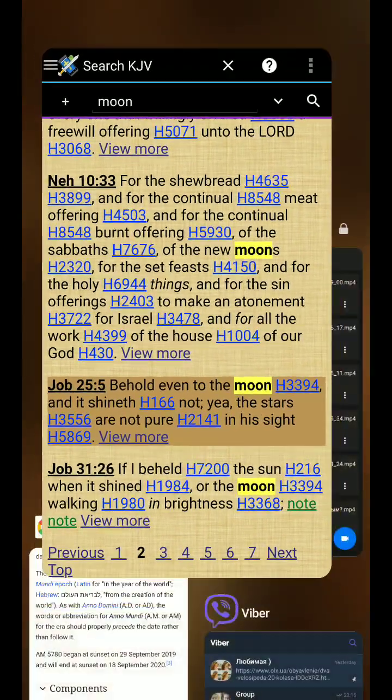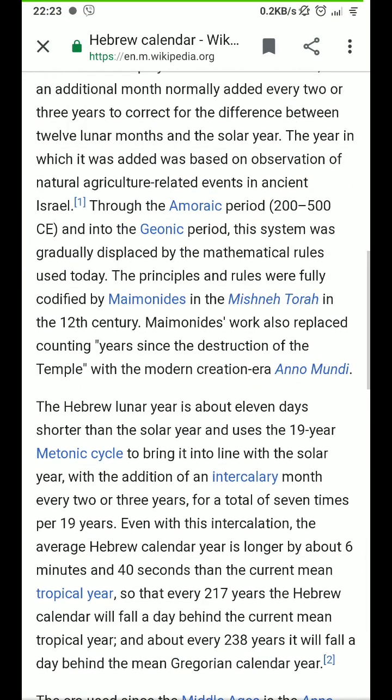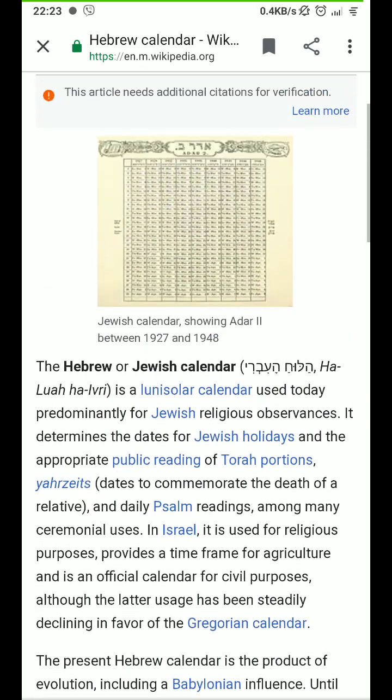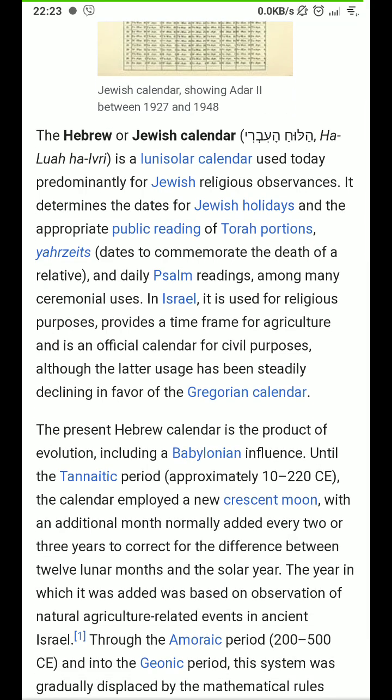So I'll first go to Wikipedia, and I don't know actually if you're aware of these things that I'm going to read from Wikipedia, or maybe you're not, so you can go on your own and look through all of this.